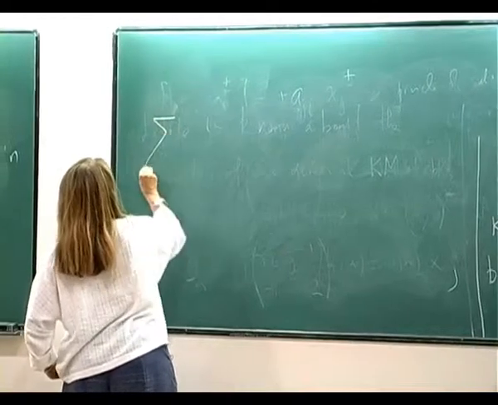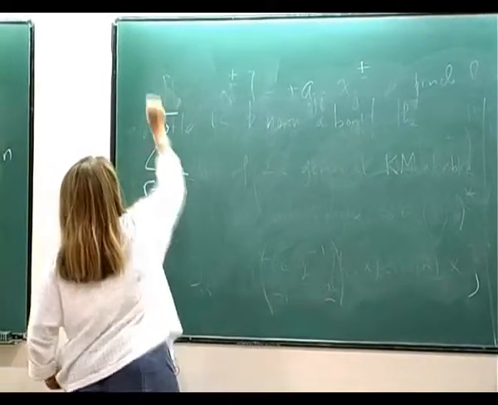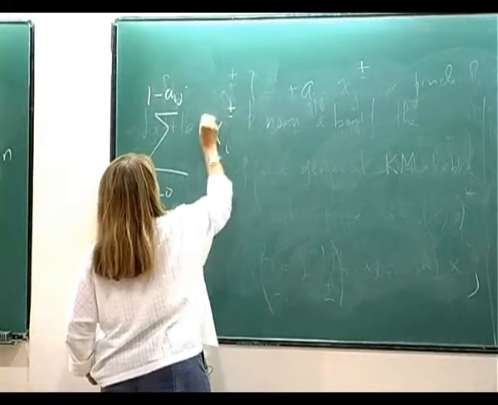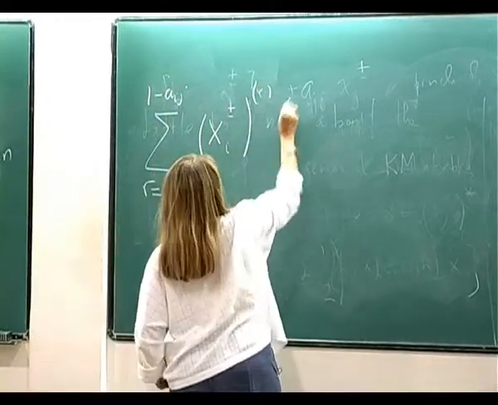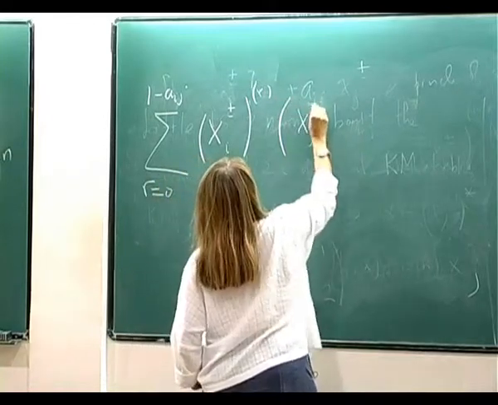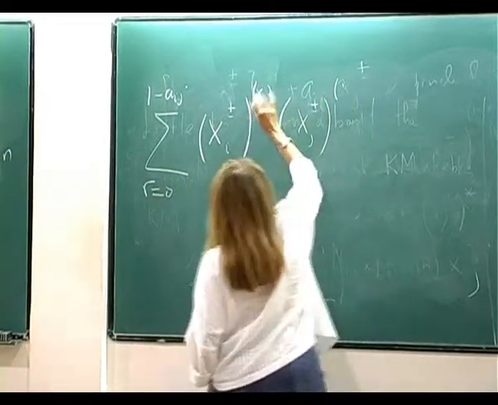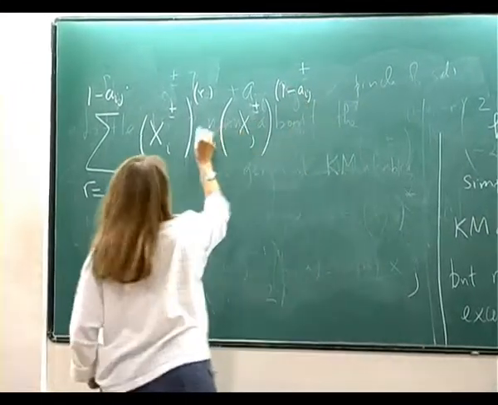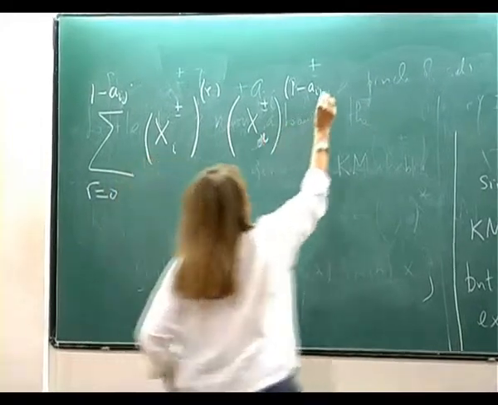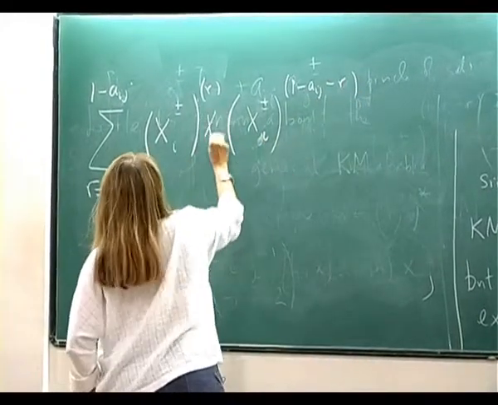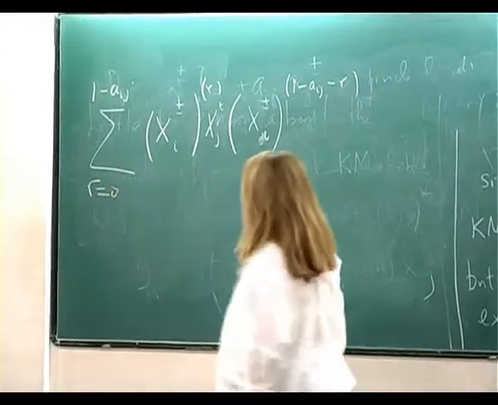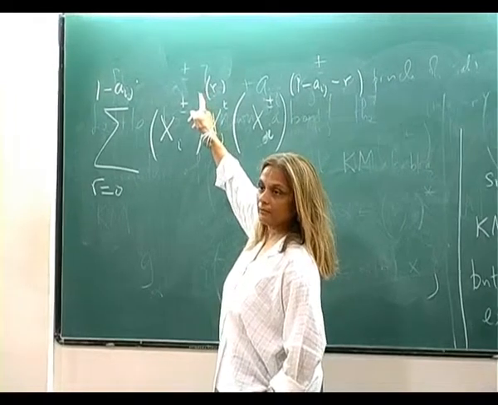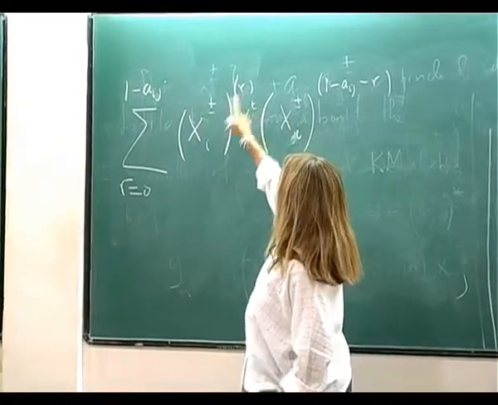Again, I want to write it like this: sum over r equal to 0 to 1 minus a_ij, of x_i plus or minus raised to r, then x_j plus or minus, then x_i plus or minus raised to 1 minus a_ij minus r. Now, this r that I had when I was doing Kac-Moody algebras, what was this?